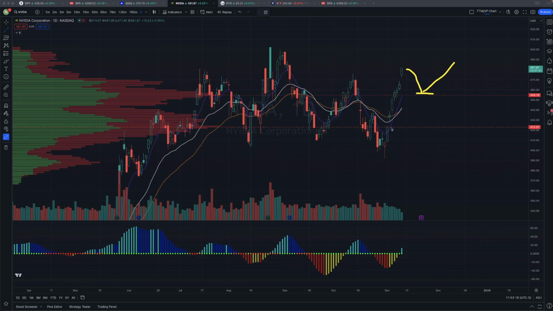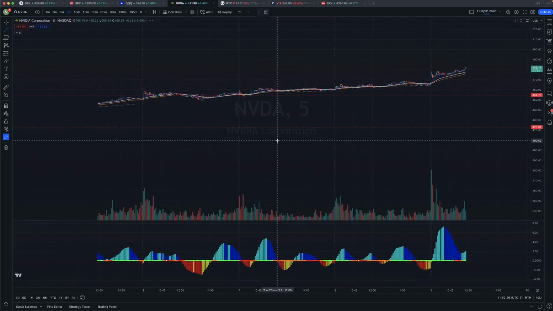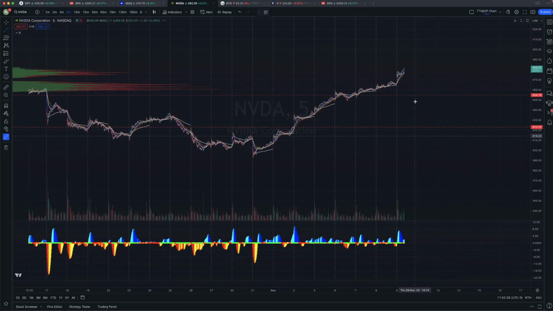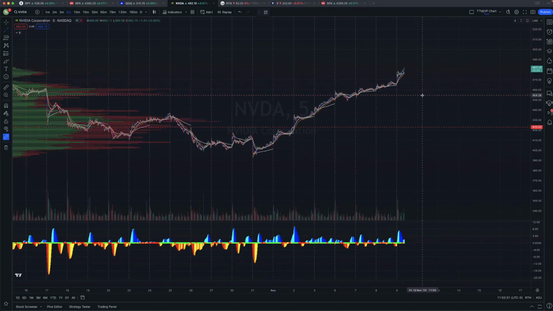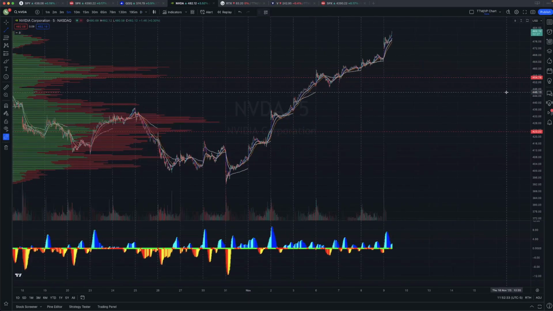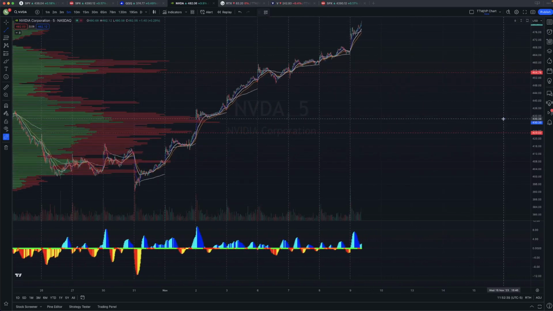So when we're trading this now, let's go to a 5-minute chart. That move would be all the way down into this line here, which is quite a ways.